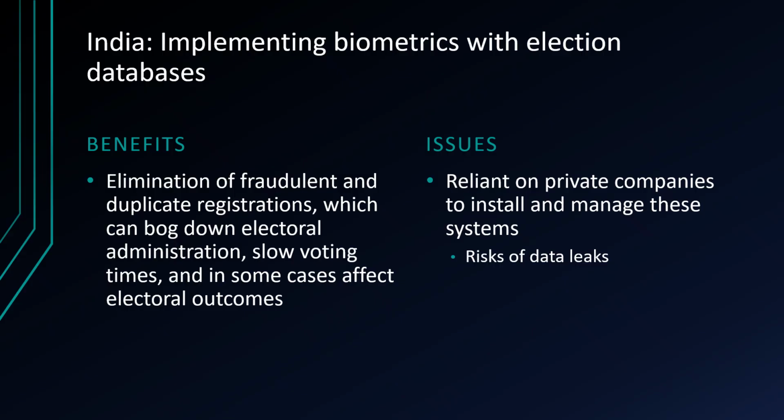However, the issue is this relies on a private company to install and manage these systems at the actual voter sites, which again increases the risk of data leaks and hacking for its innocent citizens.